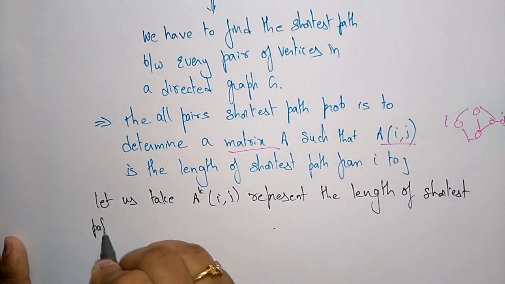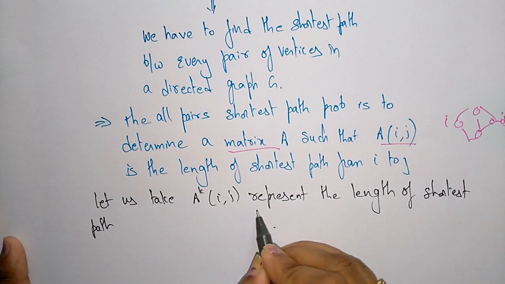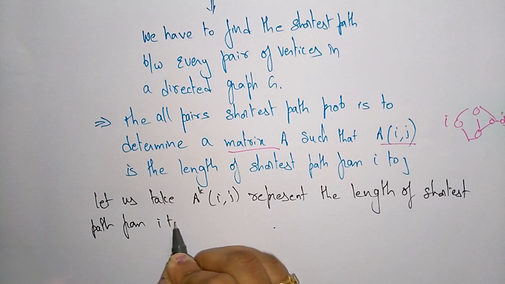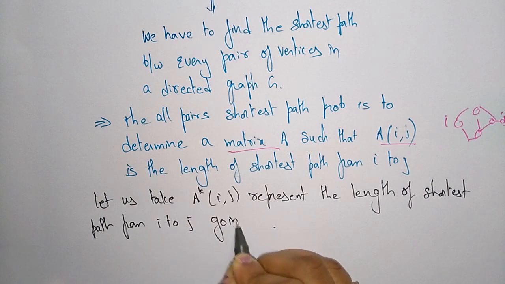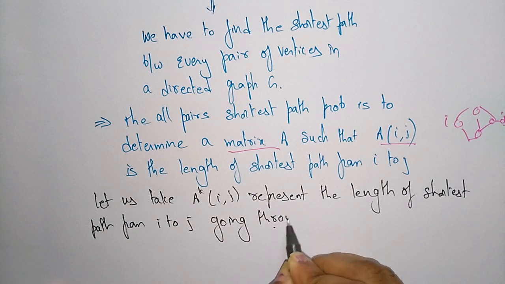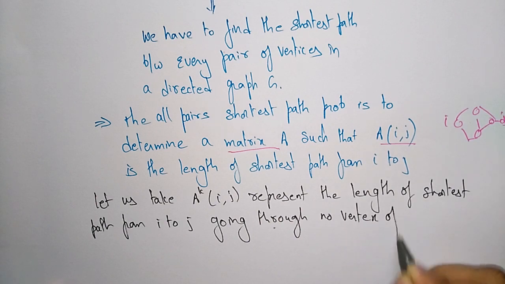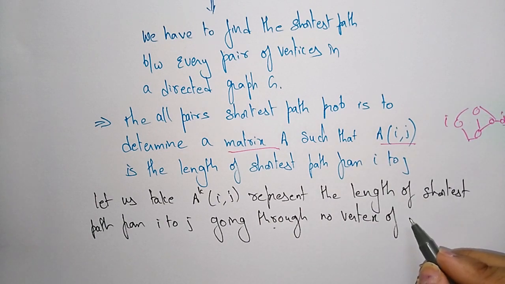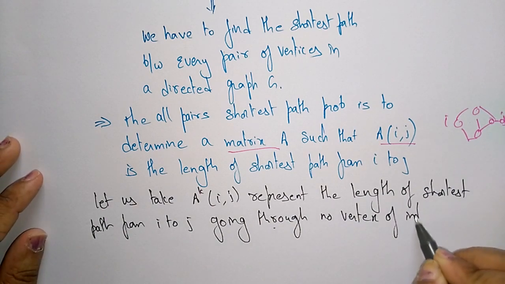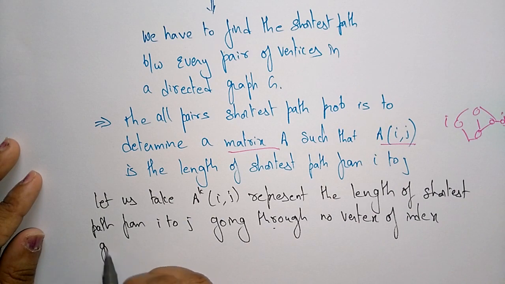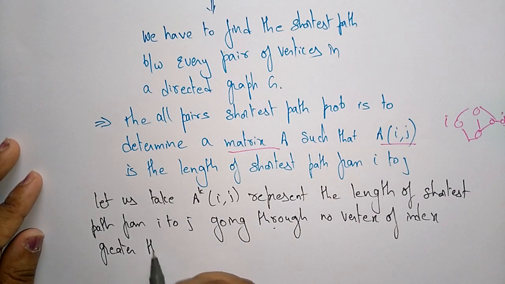Let us assume that A k i comma j represents the length of shortest path from i to j going through no vertex of index greater than k. So that you have to remember.